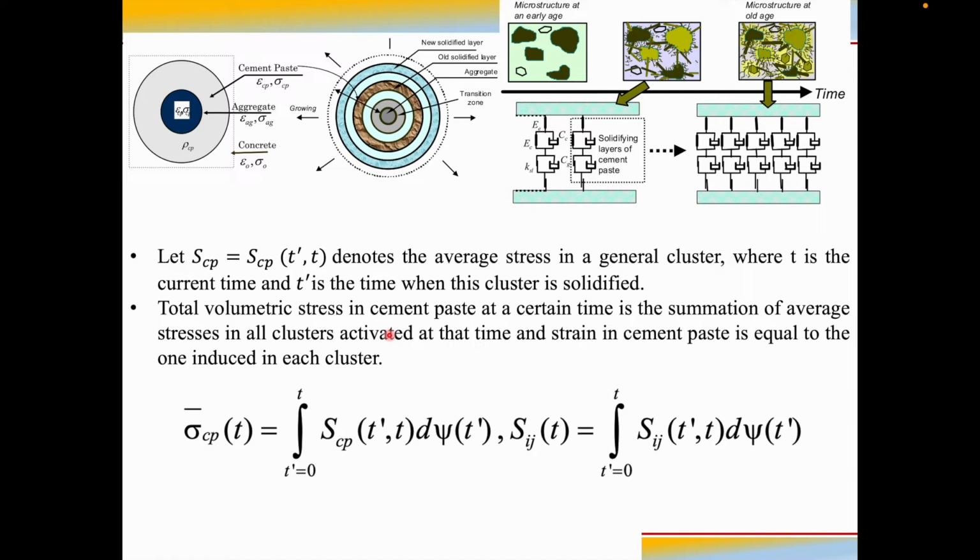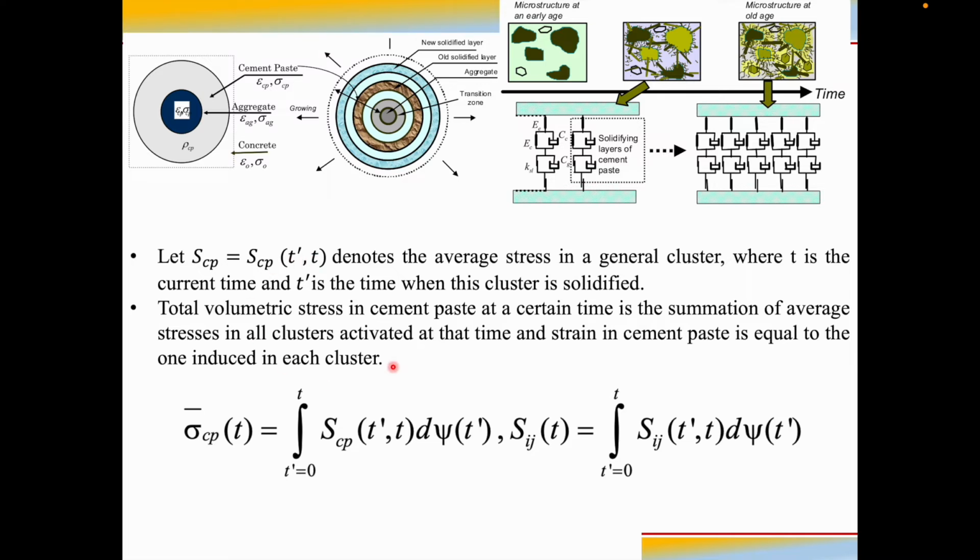And again, let's suppose that sigma CP is equal to sigma CP(t, t'), which means the average stress in a general cluster, where t is the current time and t' is the time when the cluster is solidified.